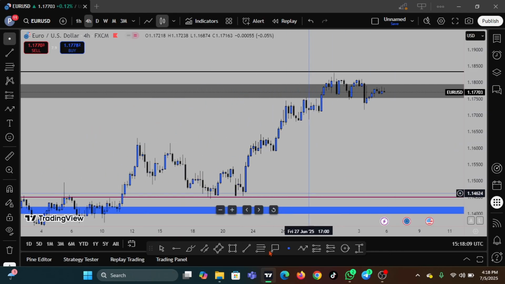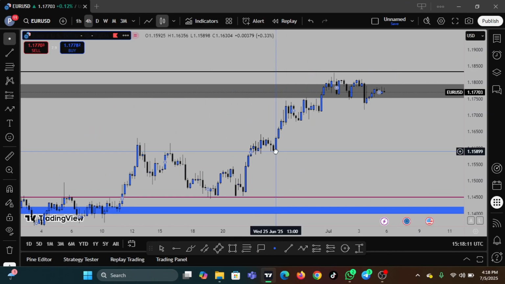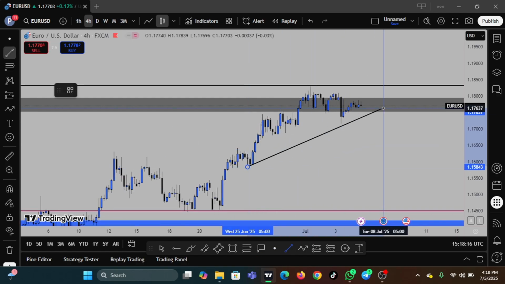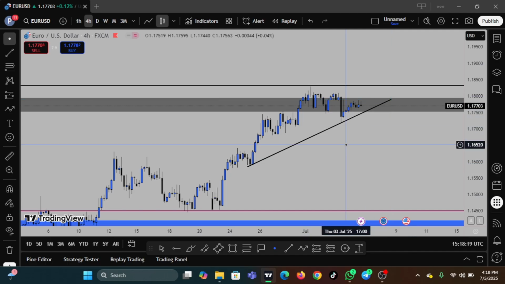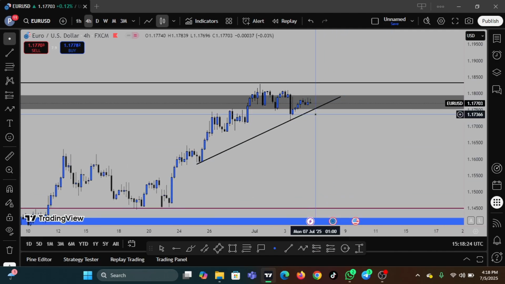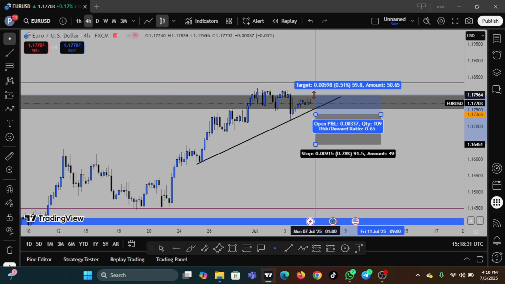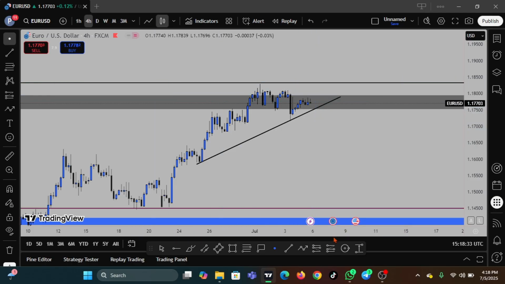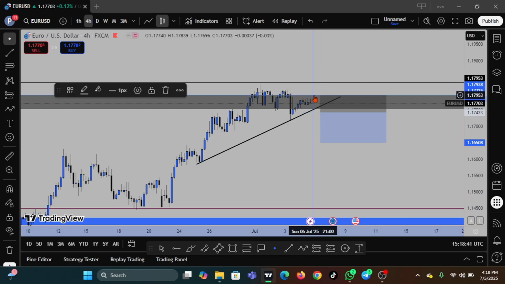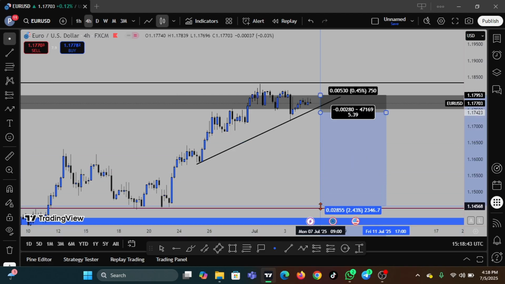But before we take the retracement, I want to see this break, because I don't want to jump in on a premature trade. If price can break below this counter trend line, then we should have reason to jump on a sell trade. So we can take a sell trade if we have price rejecting. If price should reject below that trend line, then we can take a sell trade for retracement back down.